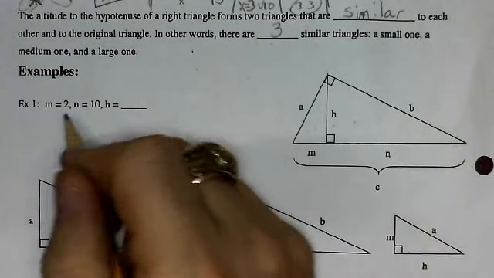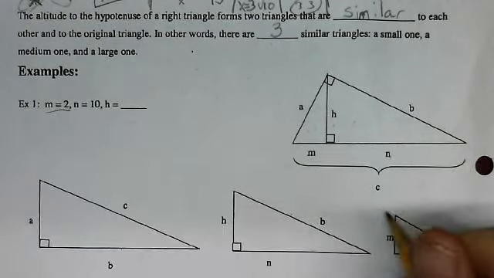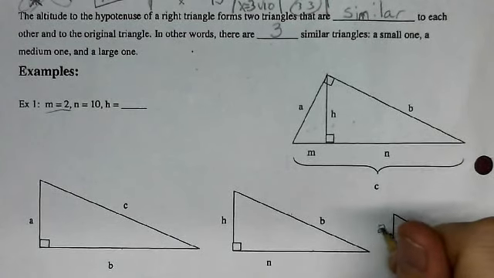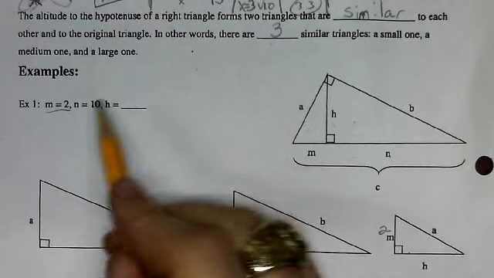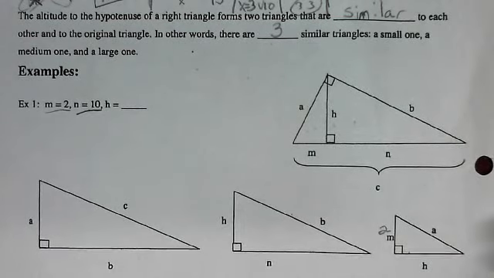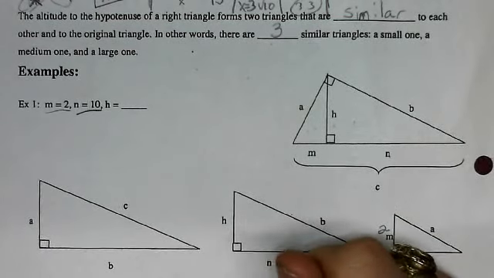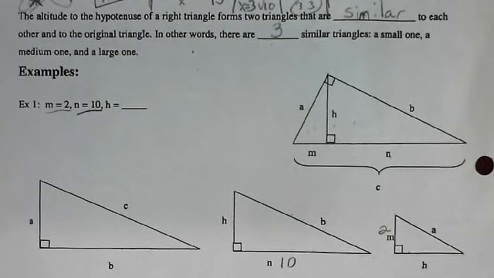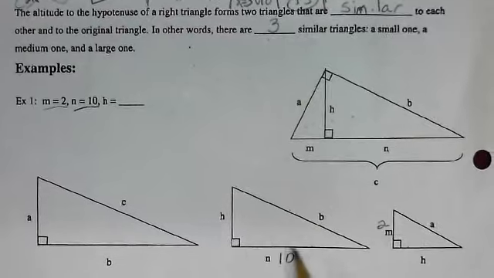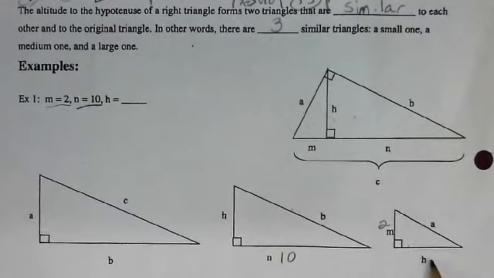So let me show you. So M equals 2. So over here I'm going to put 2 where M was. N equals 10. So come over here where N is, and I'm going to put 10. And if you'll notice, the H is both here and here.